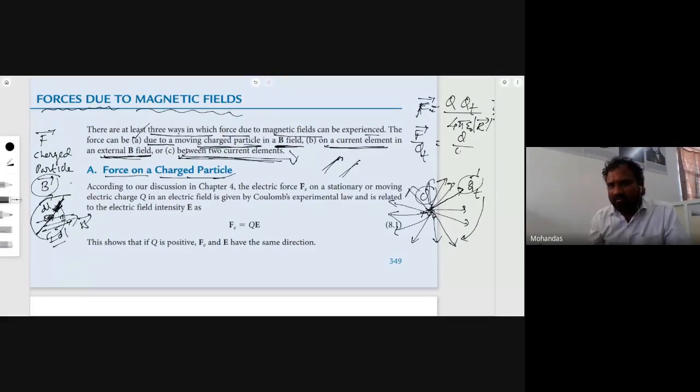Q by 4 pi epsilon naught R square in the direction of aR. Please tell me, what is the force per unit charge? What is the force per unit charge which we are discussing? Force per unit charge is equal to what?